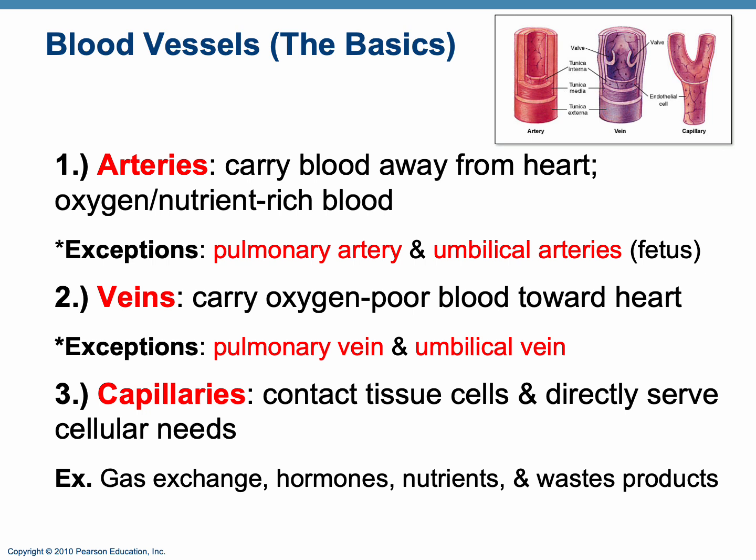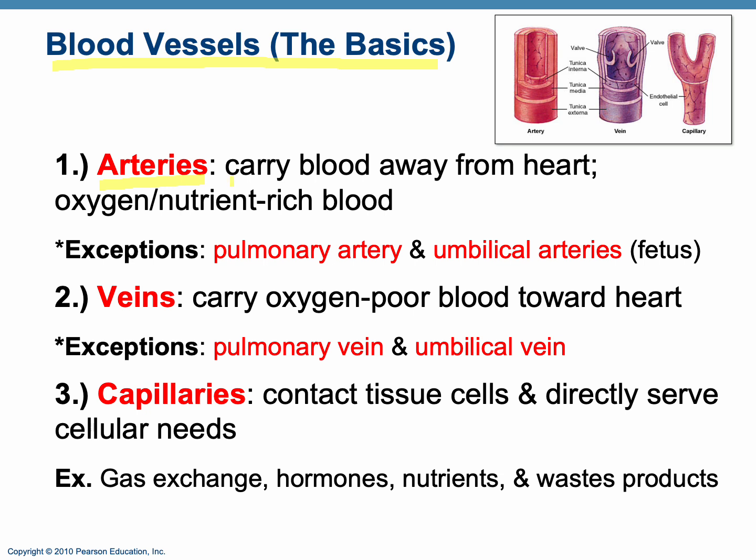So first, taking a look at the basics. We look at blood vessels. Some of this information is review, and some of this is new. So blood vessels, the basics. Number 1, arteries. We've mentioned a lot about arteries in the past.